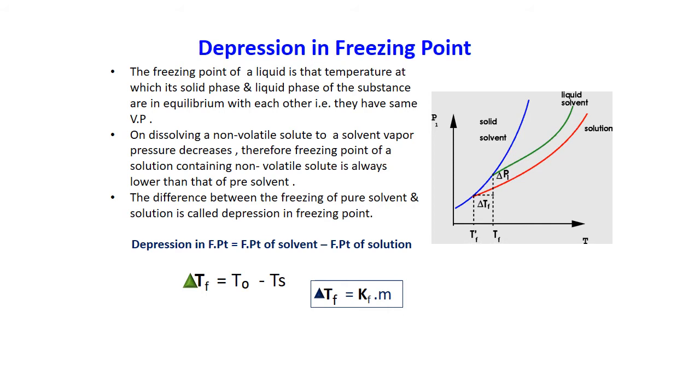So decrease in freezing point is delta Tf, f for freezing, equal to T naught minus Ts, meaning freezing point of pure solvent minus freezing point of solution, and as per the calculations, delta Tf is equal to Kf into m. m is molality and Kf is the molal depression constant.